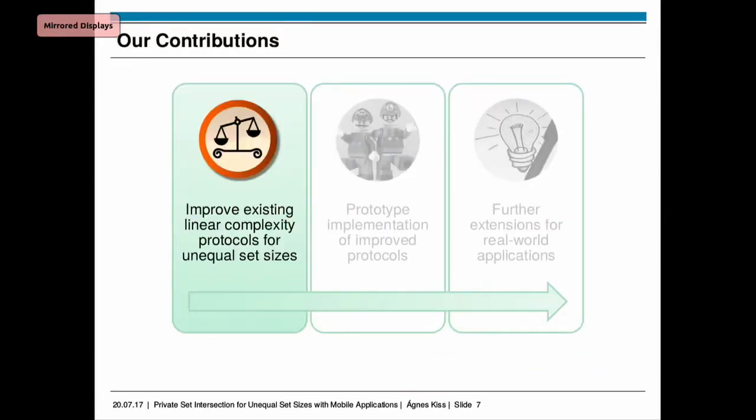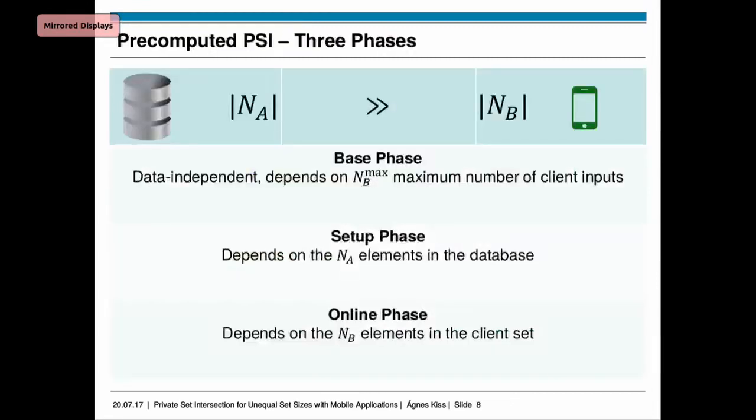So the first contribution that we have is that we improve these four protocols and adapt them to this particular scenario. So first of all, instead of looking at the protocol in one piece, we look at three phases of the protocol and we shift everything upwards.